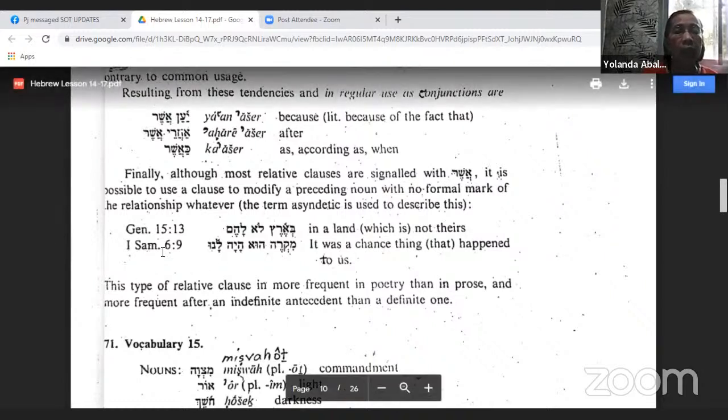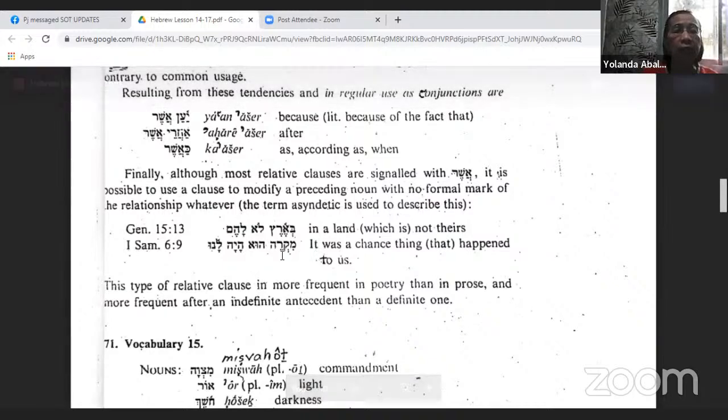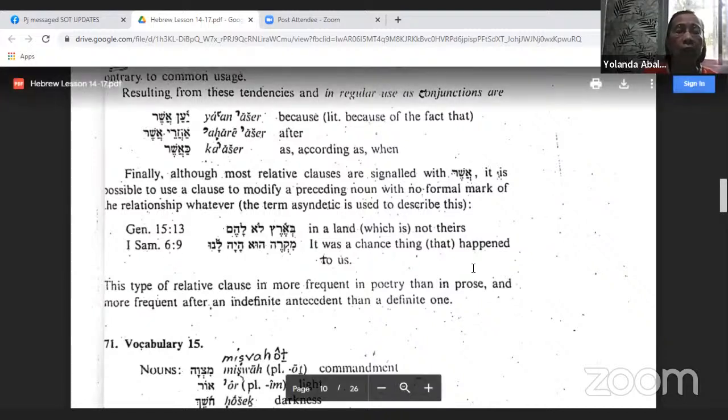1 Samuel 6:9. Mekre hu haya lanu. Ano yung mekre? Tandaan niyo ang root word makar. Makar. It was a chance. Who meaning it. Haya was. Lano to us.